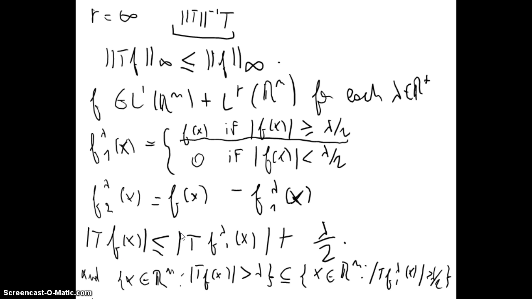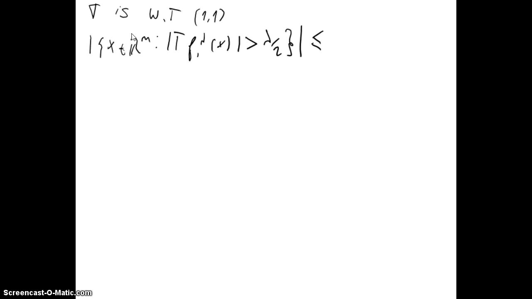So the elements of this set will be here, because here we are considering lambda over 2. Okay, so as T is of weak type (1,1), the measure of the set that we just defined is less than or equal to a constant times (lambda over 2) to the minus 1 multiplied by the norm in L1, the integral of f lambda 1 of x dx.